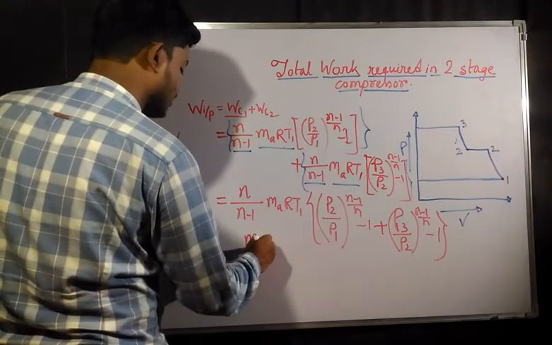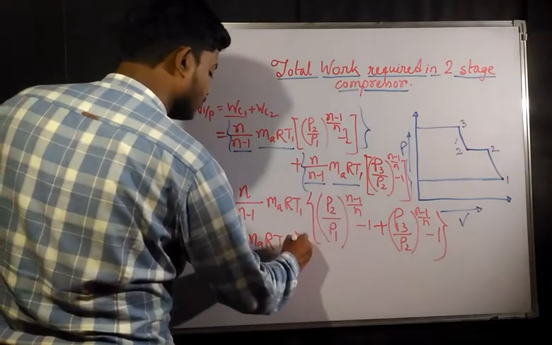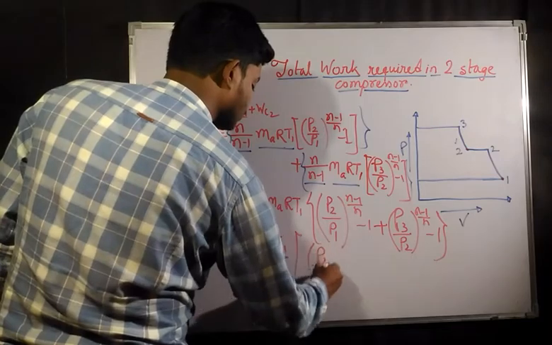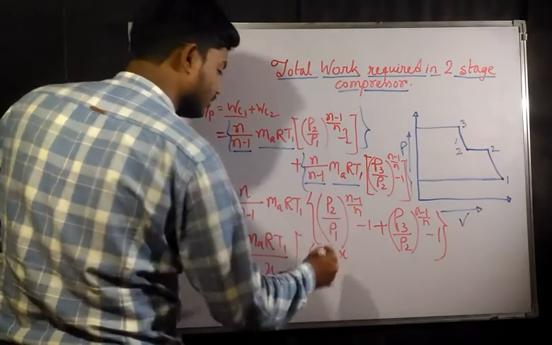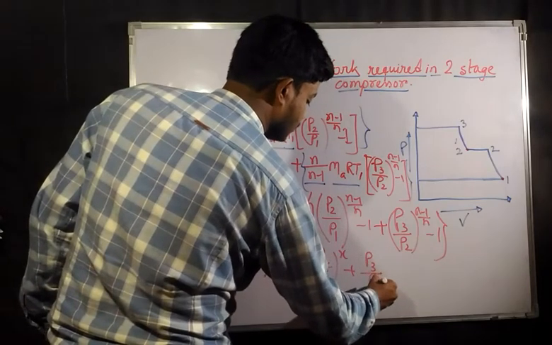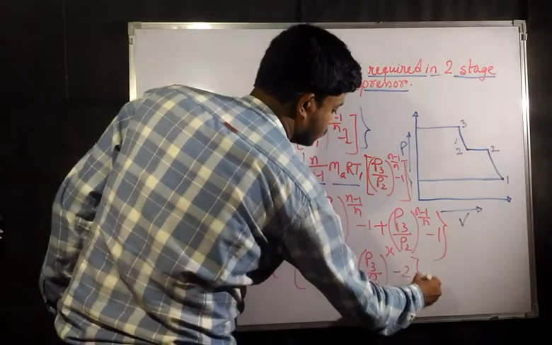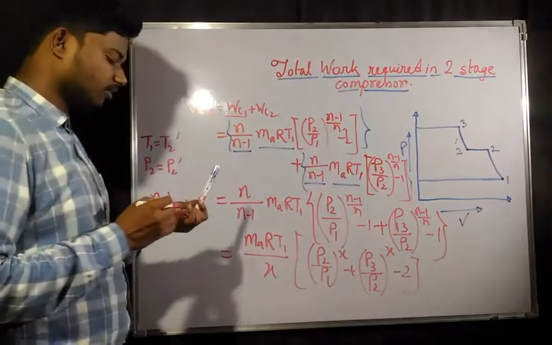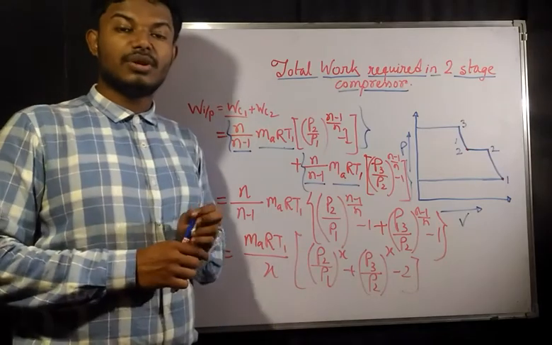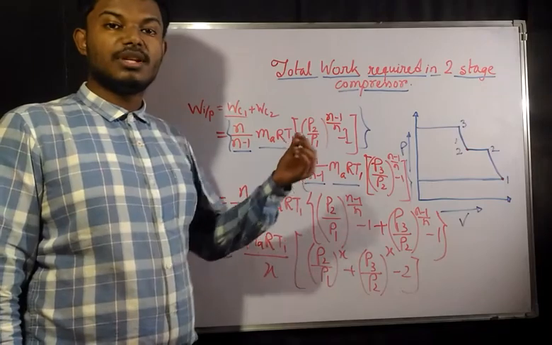So you can say ma R T1 by x, multiplied by P2 by P1 to the power x plus P3 by P2 to the power x, minus 2. There is a 1 minus 1, so after that it will reach minus 2. In the next board we are going to derive this, and after the derivation it is going to be equal to 0.